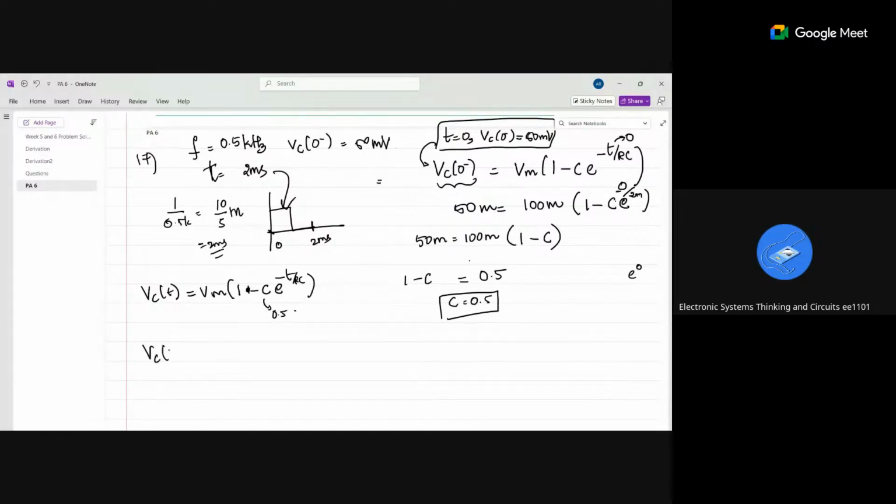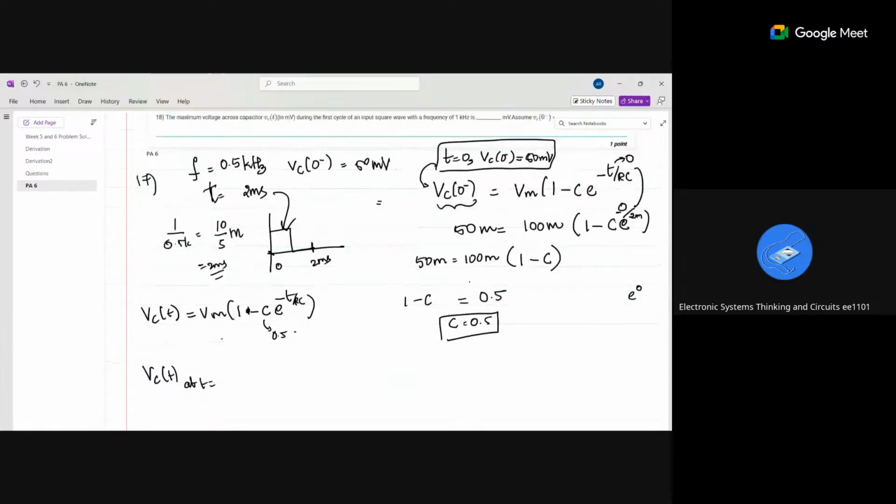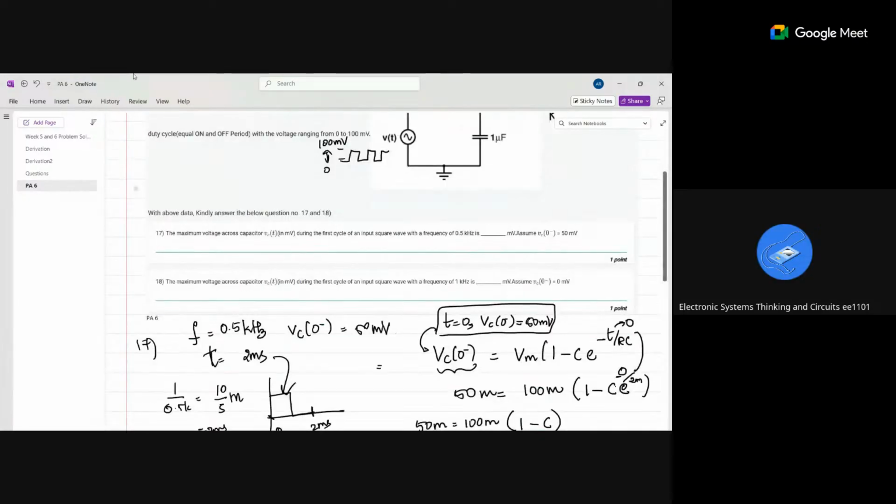Now we need to find Vc of t. At time t equal to, what they have asked us, the maximum voltage they have asked, right?